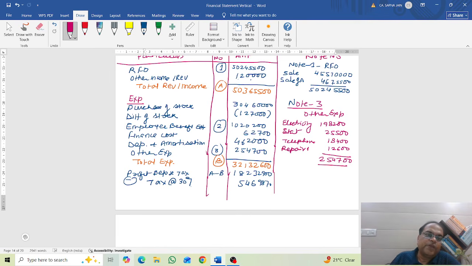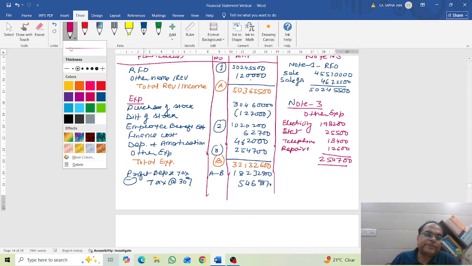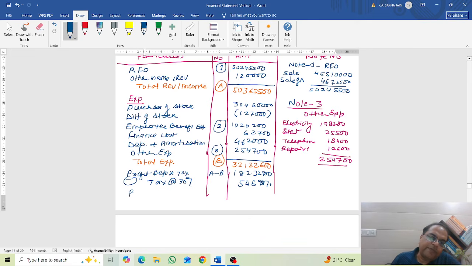Okay. So profit before tax minus tax, the remaining is the profit after tax. This is 127,630,30. This is the statement of profit and loss account.